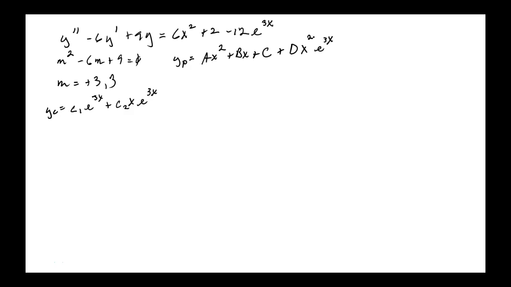All right. And now what do we do? Okay. y sub p prime is equal to 2ax plus b. I'll put a plus, okay?